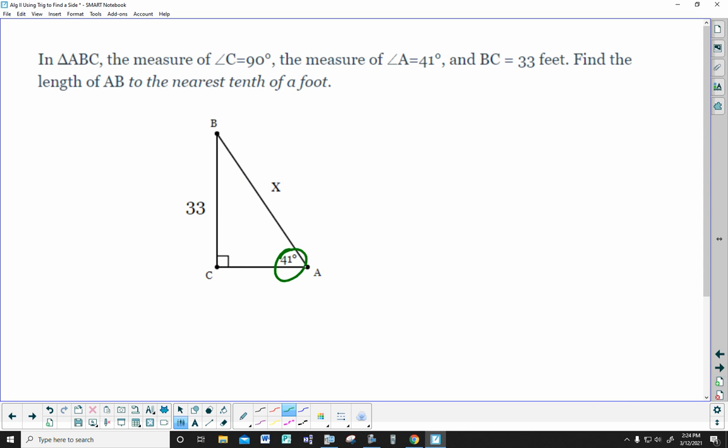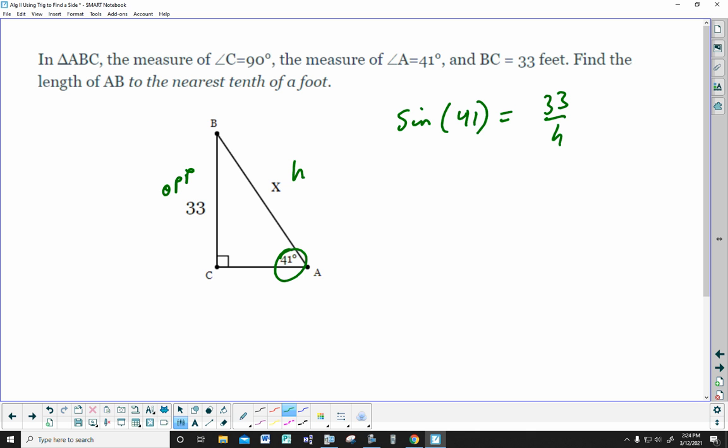Looking at this angle's point of view, this side is your opposite, this side is your hypotenuse. Opposite and hypotenuse is going to be sine. The sine of that angle is equal to opposite over hypotenuse, 33 over h.